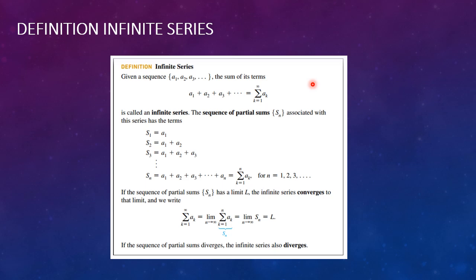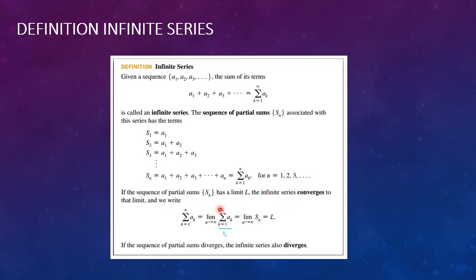The sequence of partial sums, S sub n, associated with this series has the terms S sub 1 equals a sub 1, S sub 2 equals a sub 1 plus a sub 2, S sub 3 equals a sub 1 plus a sub 2 plus a sub 3, all the way up to S sub n, which is a sub 1 plus a sub 2 plus a sub 3 plus ... plus a sub n, which can also be written as the summation from k equals 1 to n of a sub k, for n equals 1, 2, 3, etc.